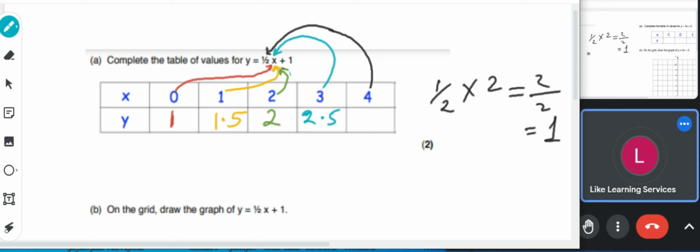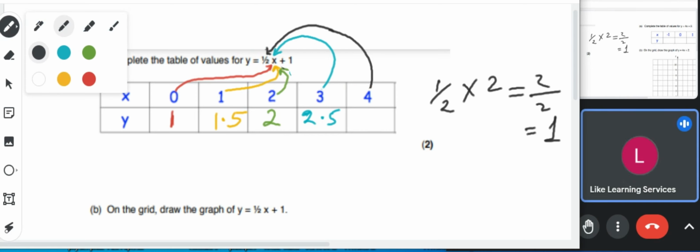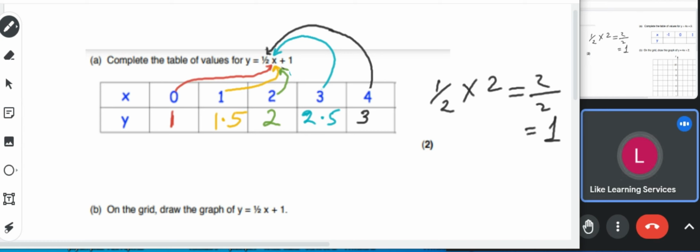This one is half times 4, which is 2 plus 1, that's 3. Okay, so let's plot.